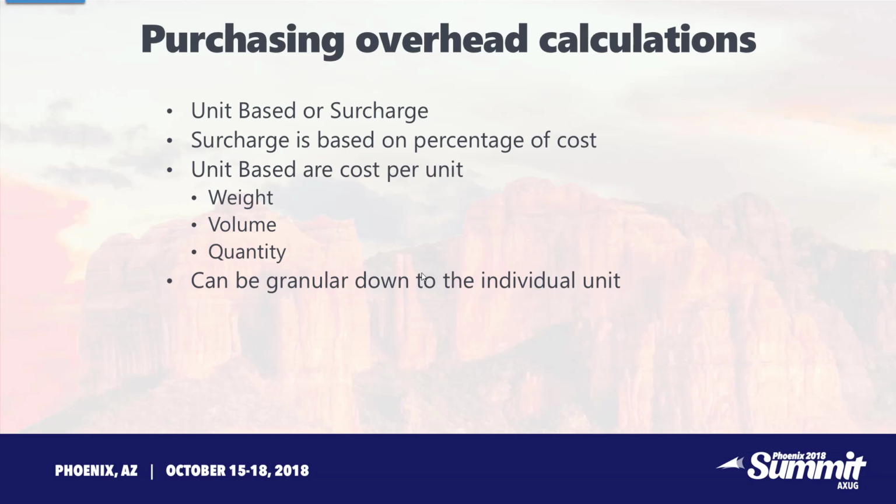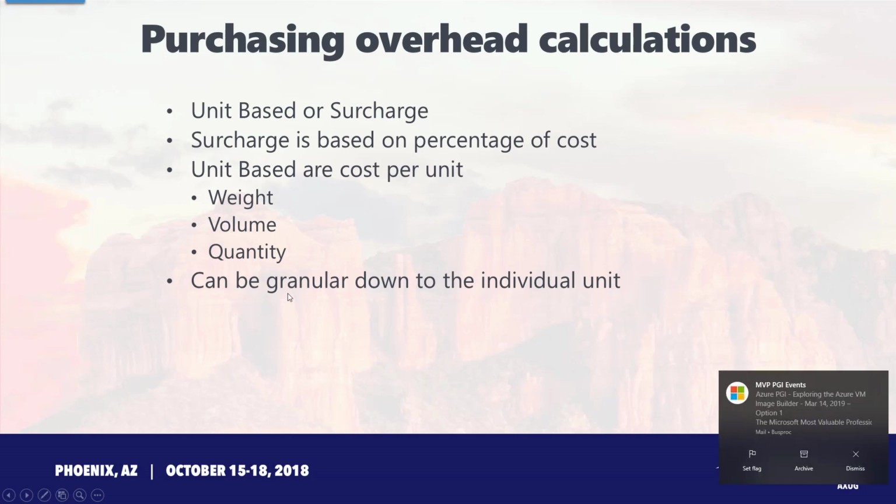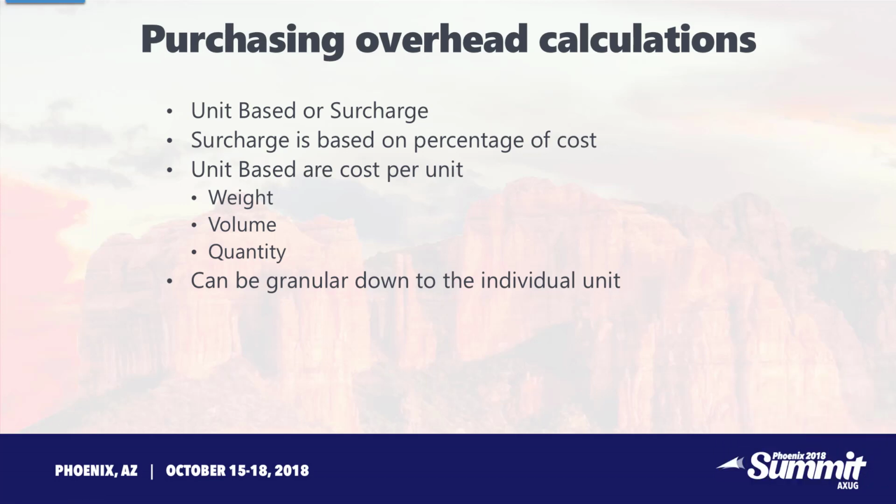Most of the time I'm seeing freight, particularly in things like chemicals, as so many cents, like 3 cents a pound or something like that. You define this in the item master, and this allows you, by the units received, to do an allocation of one of these elements. Quantity is more or less a per unit that I might use to allocate the freight. So it's allocating on a per unit basis, and volume obviously is the cubic volume of something.